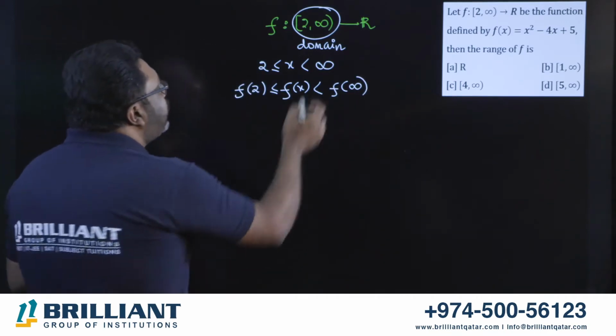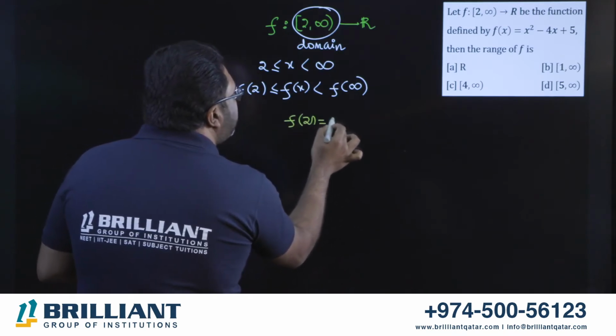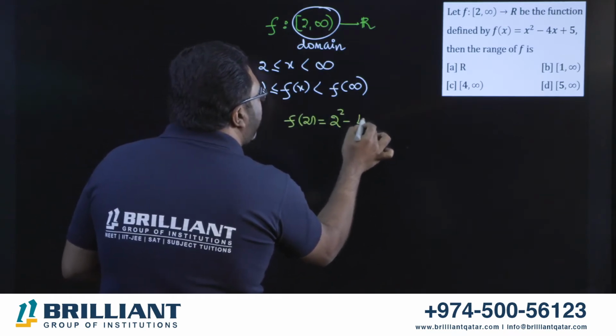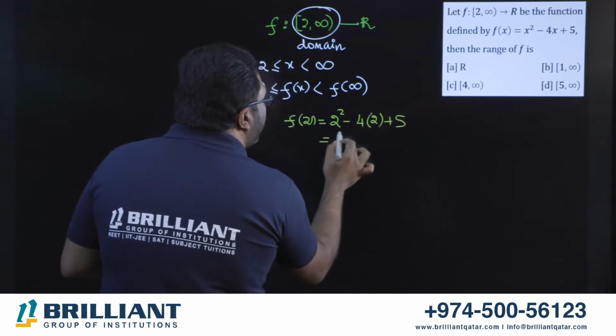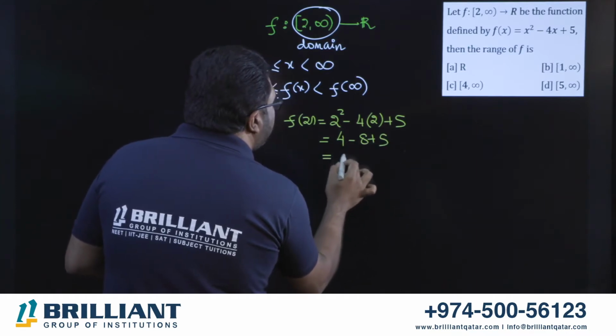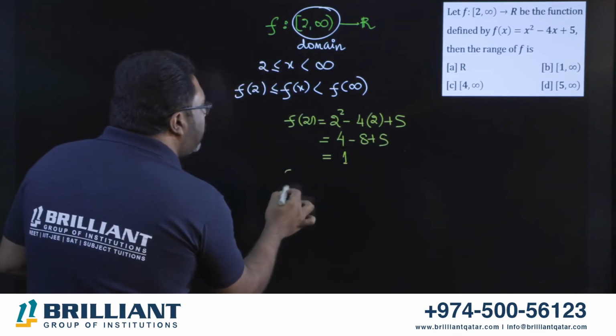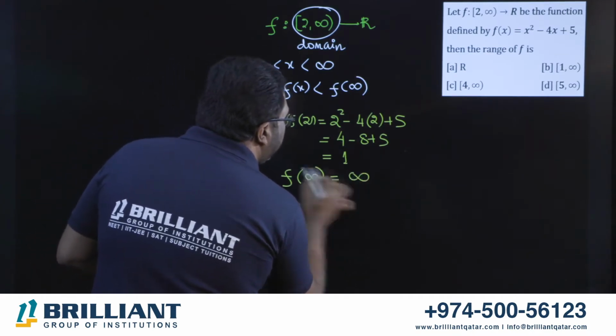Let's find f of 2: 2 squared minus 4 into 2 plus 5, which is 4 minus 8 plus 5. The answer is 1. And no doubt, f of infinity is infinity.